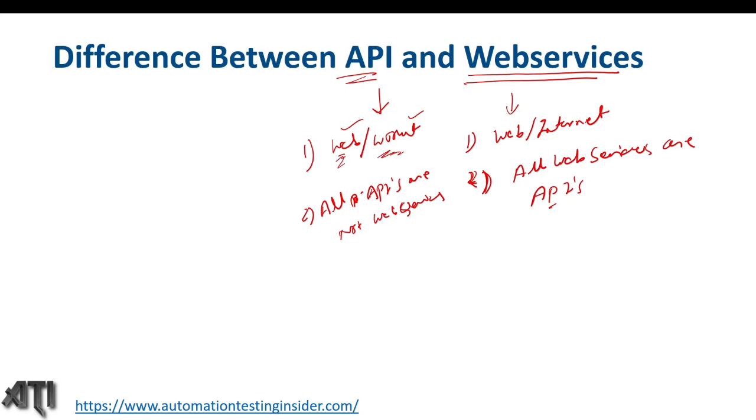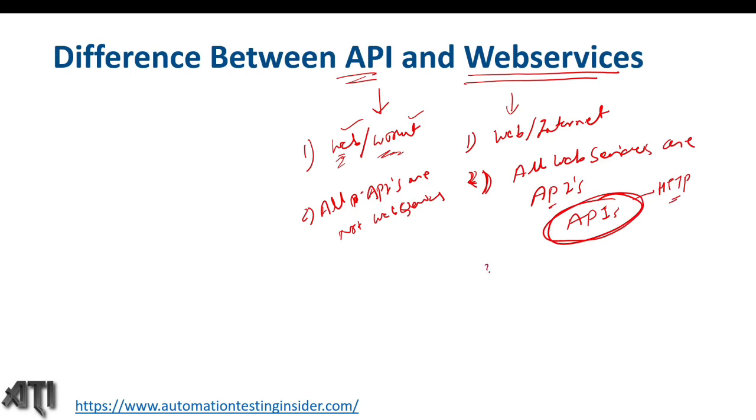So what exactly are web services? Basically they are all APIs only. Web services are also APIs, but wrapped up in the HTTP protocol on the web, so they are called web services.